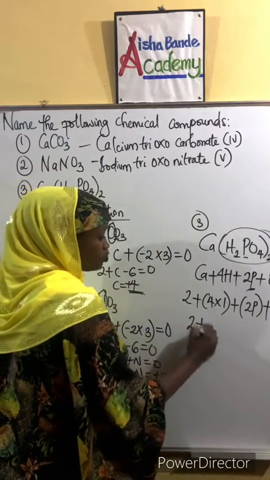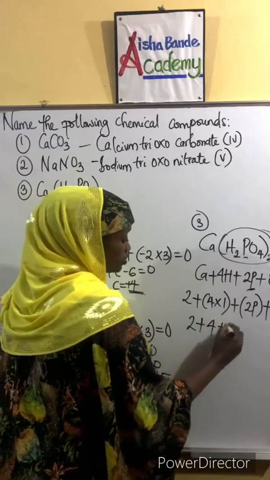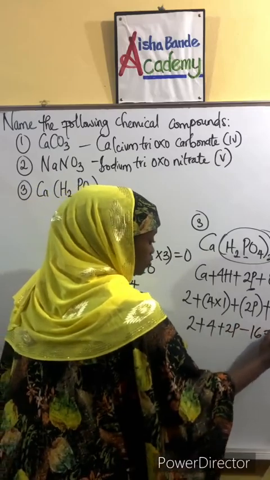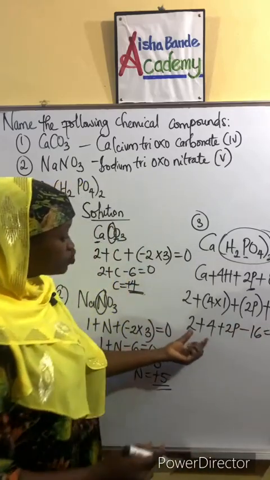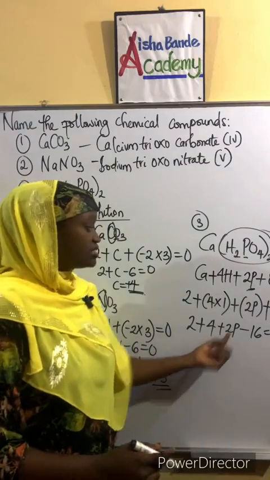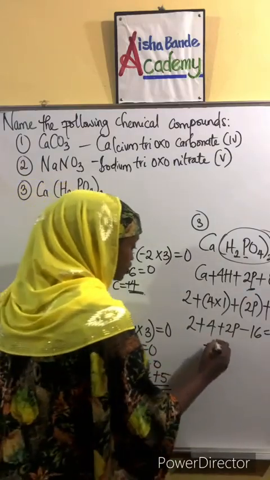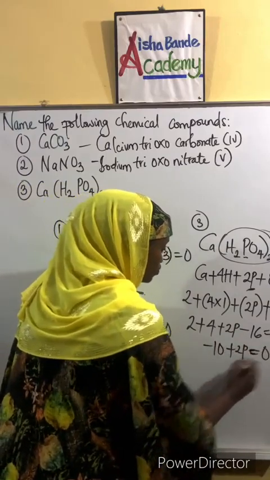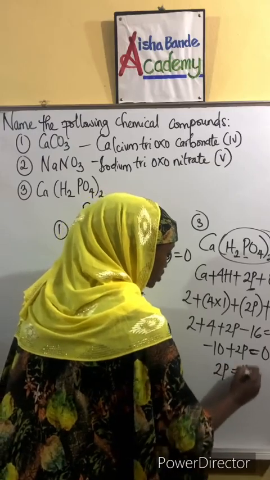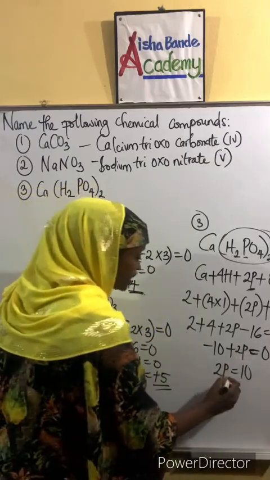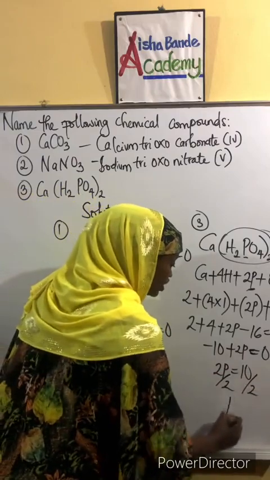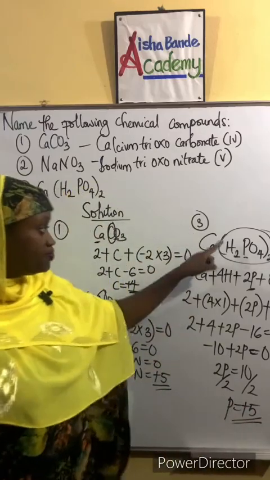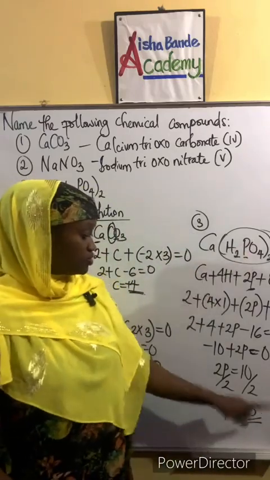Simplifying further, we have 2 plus 4 times 1 is 4, plus 2P minus 2 times 8 gives us -16 is equals to 0. So 2 plus 4 gives us 6, and 6 minus 16 gives us -10. So here we have -10 plus 2P is equal to 0. From here 2P is equals to 10. When we collect like terms, we divide both sides by 2, and we have that the value of P is equals to +5. So in this compound, the oxidation number of phosphorus is +5.